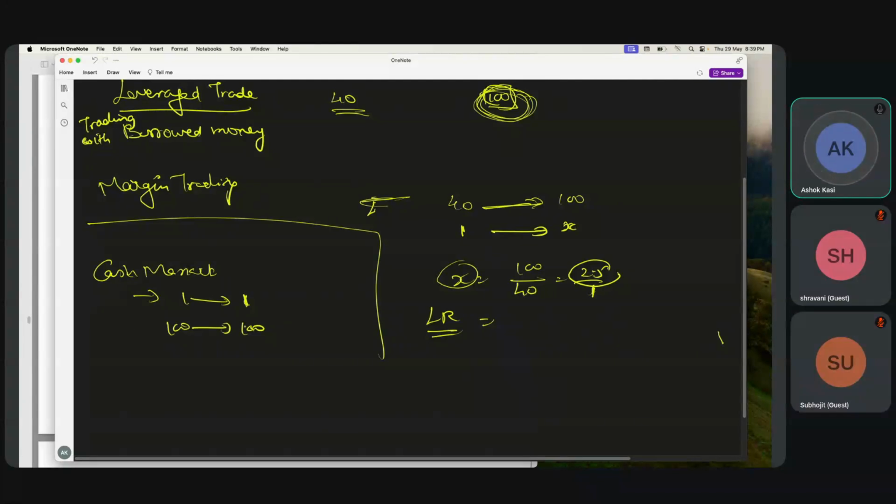But within the cash market, there is one segment called margin trading, where the leverage can differ. It can differ from broker to broker, depending on how much leverage they are giving. But in this case, it is 2.5. That means with 1 rupee you can trade for a product worth 2.5.